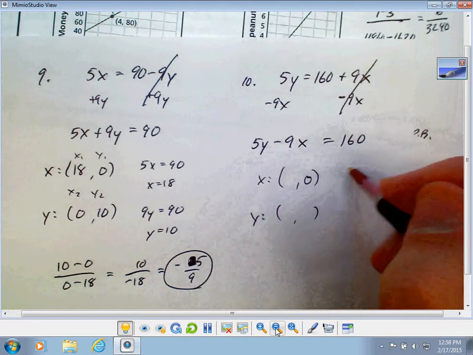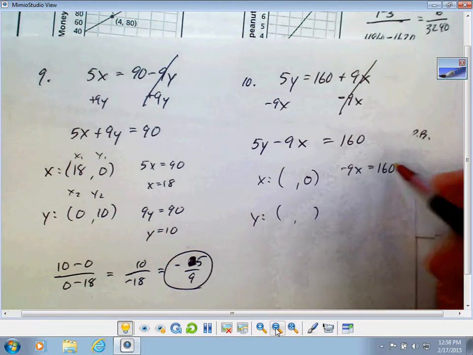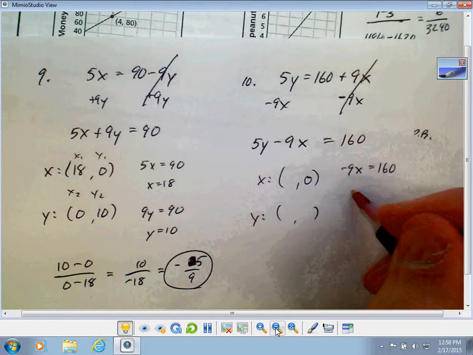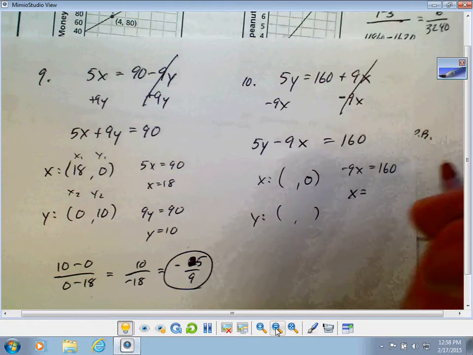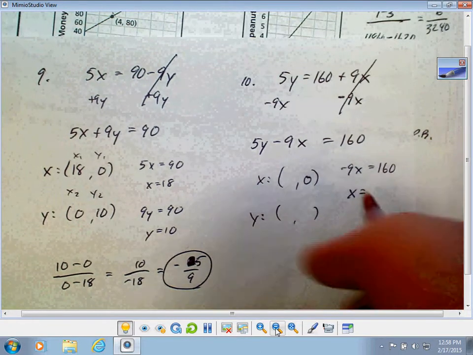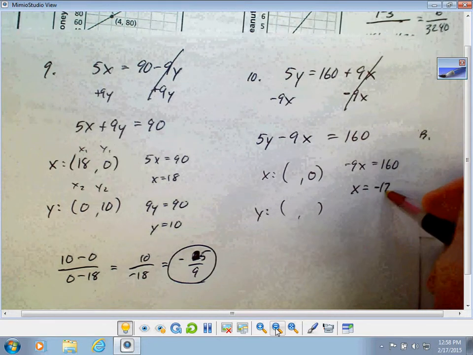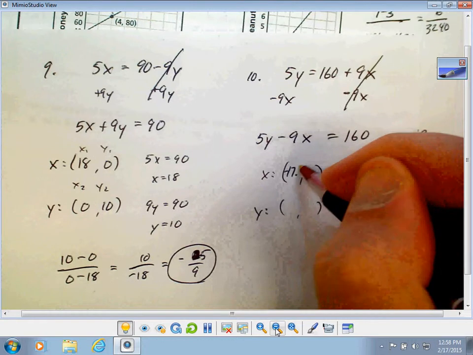For x, I'm going to be solving without the y, so it would be negative 9x equals 160, which is going to come out to negative 17.8. So sometimes we get a decimal.